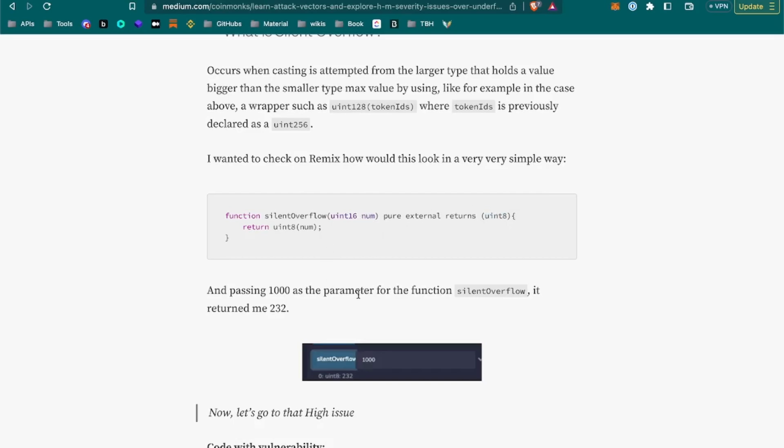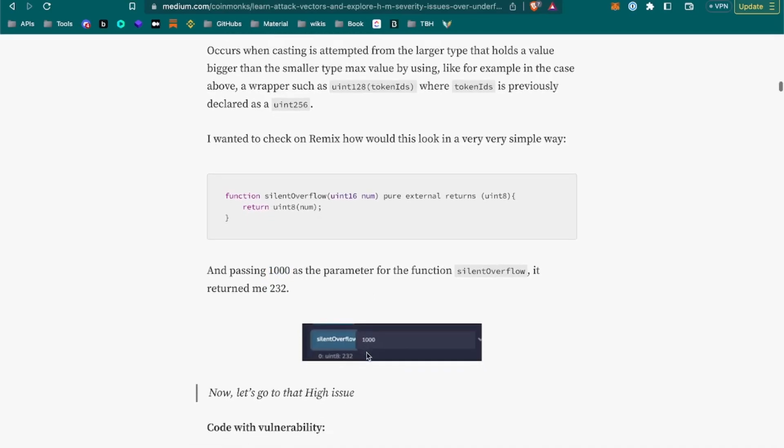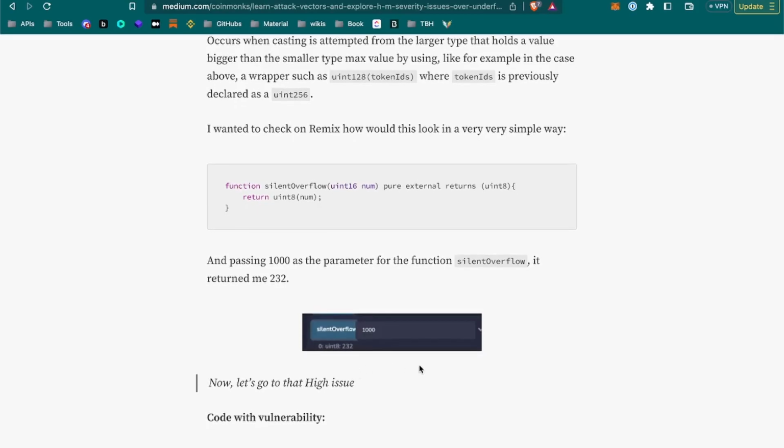So I passed 1000, deployed the contract in the testnet, and as you can see here, what it returned was 232. So clearly there is an issue there. It's not going to return the same or the expected value.